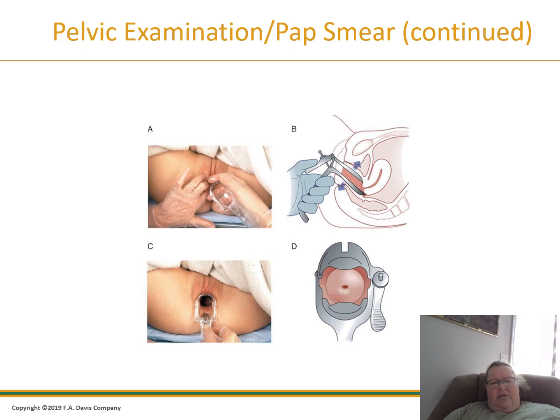And so here we go. This is the scope. I forgot what they're called, but it's a retractor, it kind of opens up the vaginal area. They have different sizes for children versus adults.